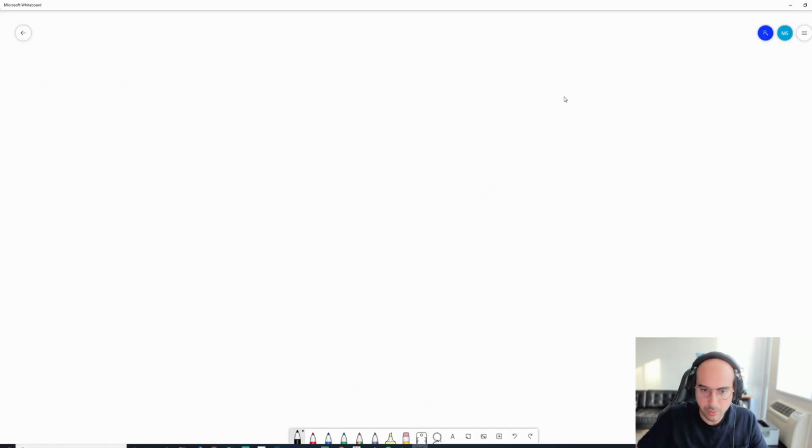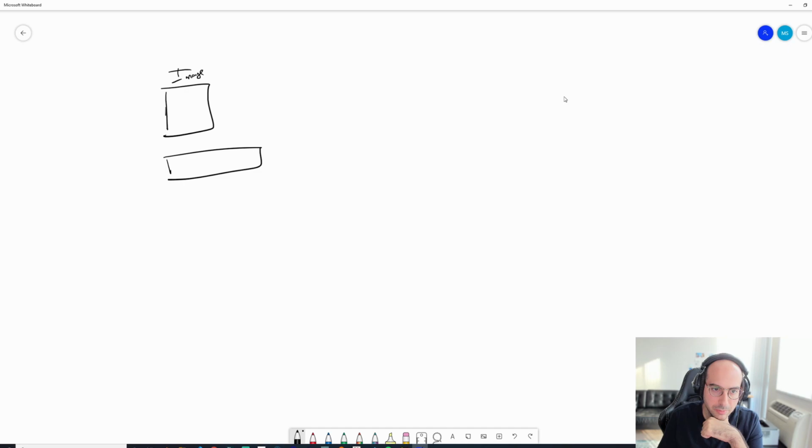Typically, what I've been talking about is, let's say your input data could be an image, or it could be a sequence. This is image processing.